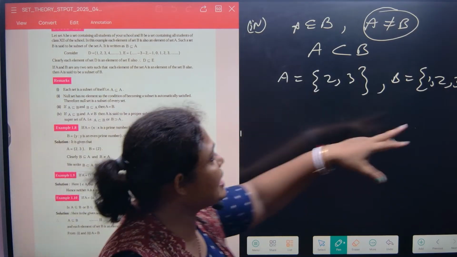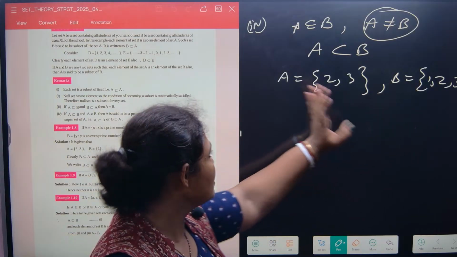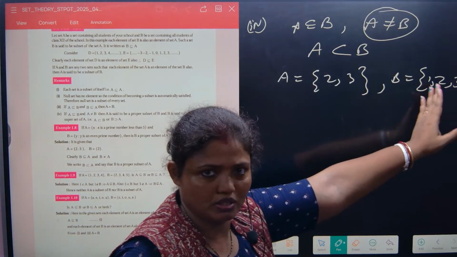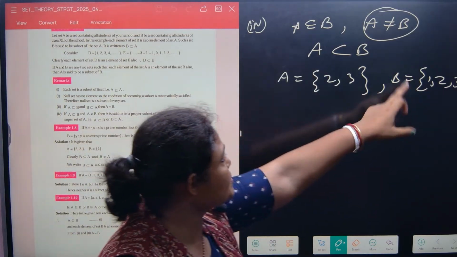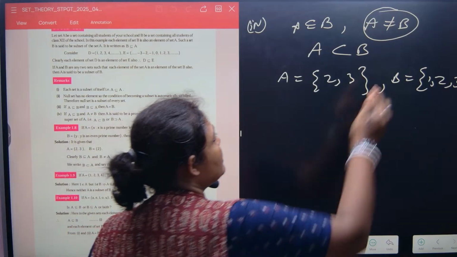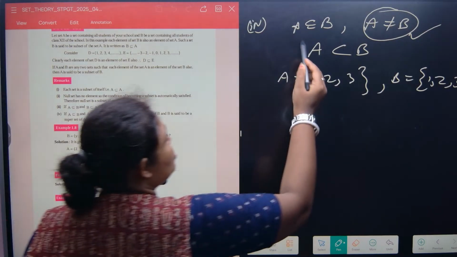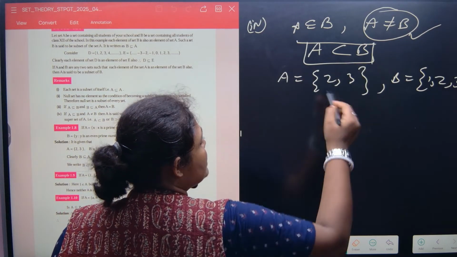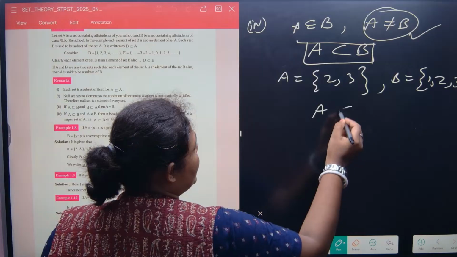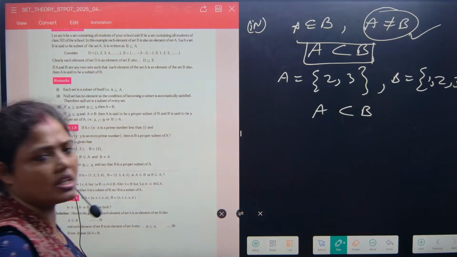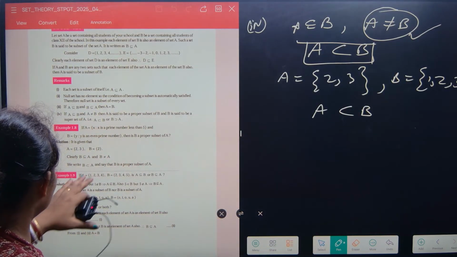A has fewer elements than B, but elements of A must belong to B, right? So A is a subset of B, then A not equal to B, right? So in this case we have A is a subset of B.